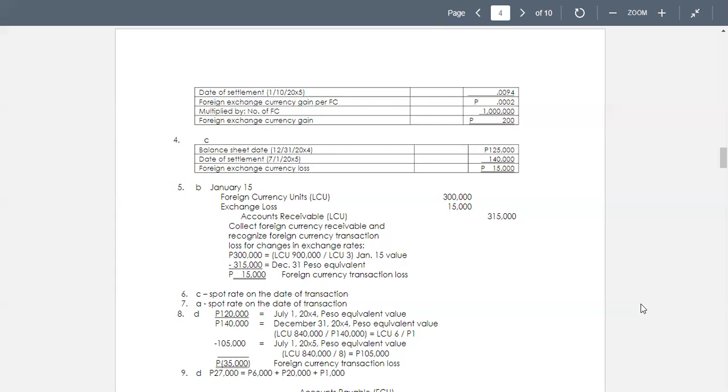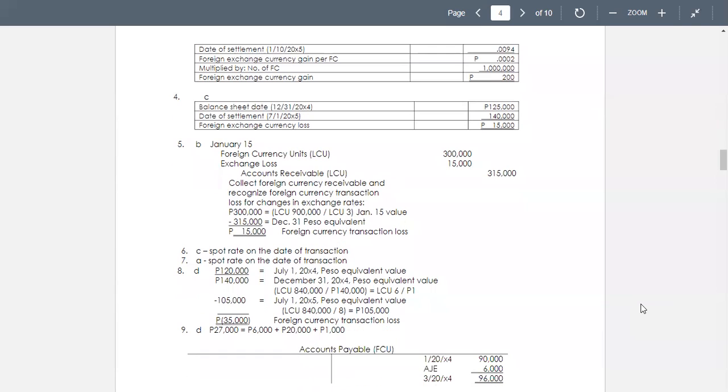Next, number 9. The question is, for the 20x4 income statement, what amount should be included as foreign exchange loss? So in number 9, we have the answer as letter D. It's the sum of 6,000 and 20,000 and 1,000.